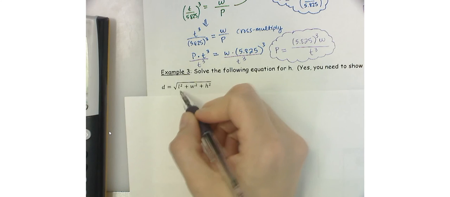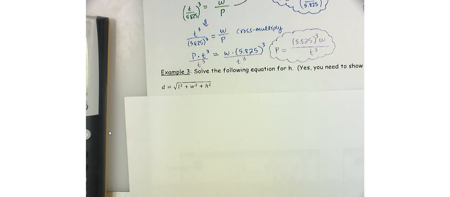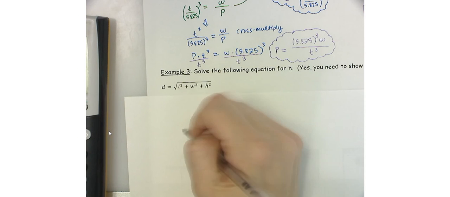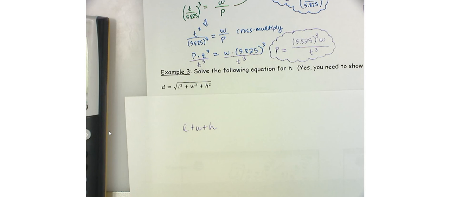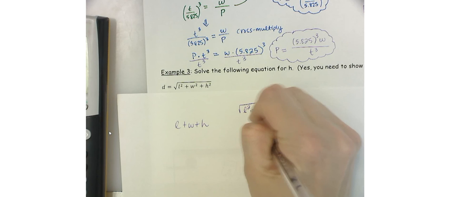But if you have 9 plus 16, what is 9 plus 16? 25. So we all agree that the square root of 25 is 5, right? So what you're saying is, if I have addition underneath, then shouldn't these be equal to each other? They're not.